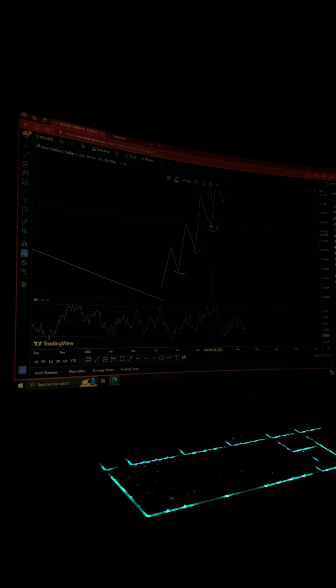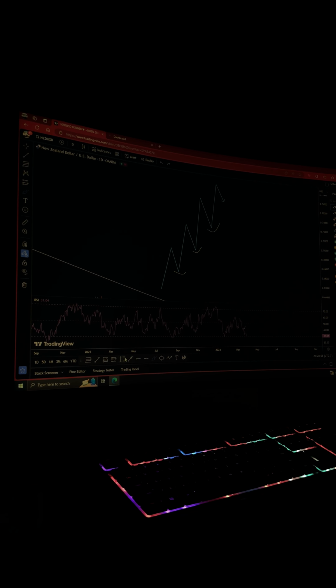The reason why it's called a higher high is because it's higher than the previous high. This one right here is a higher low, higher than the previous low. And right here, look, a higher high, because it's higher than this high. And this one's called a higher low because it's higher than the last low, which was this one.